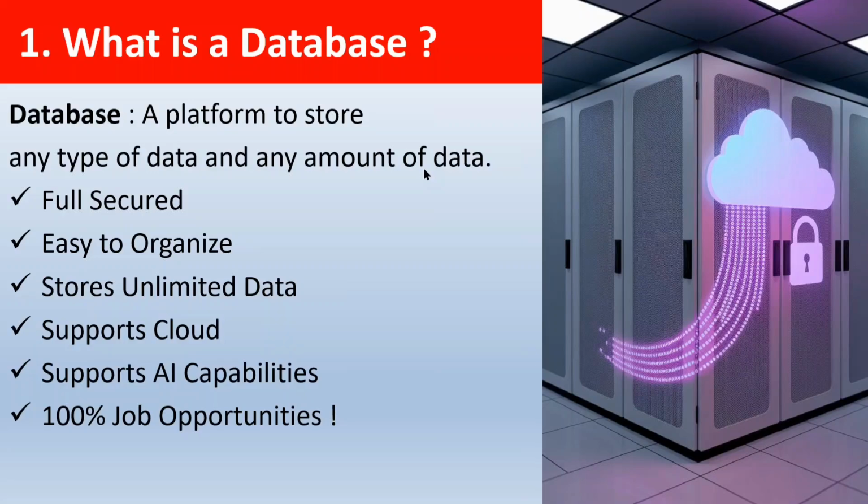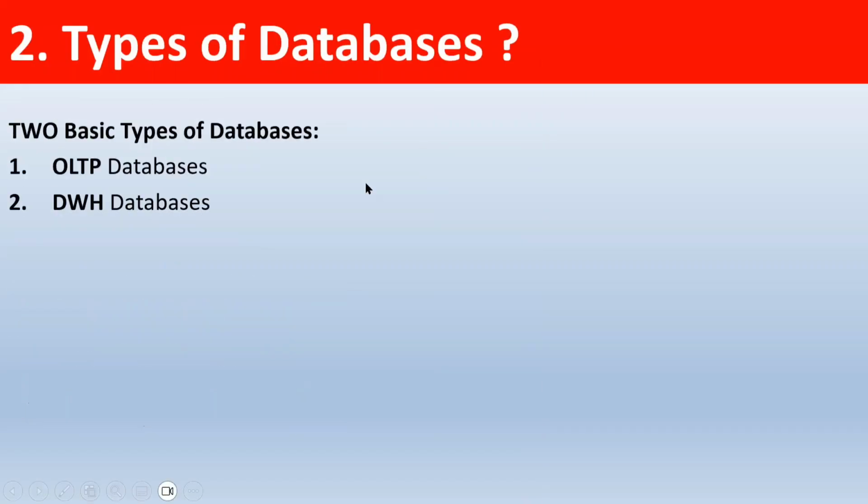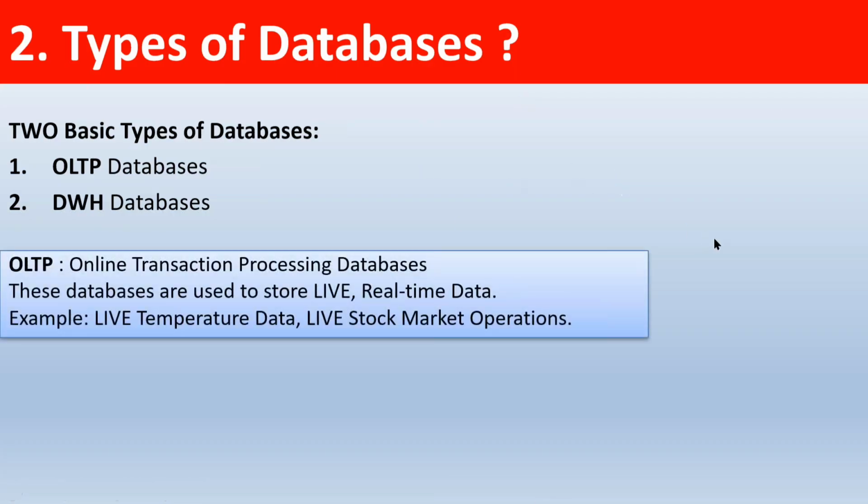Types of databases on my screen now. From here come our job roles. There are two types of databases. OLTP. Please learn these new terms by heart, to understand the installation process tomorrow.